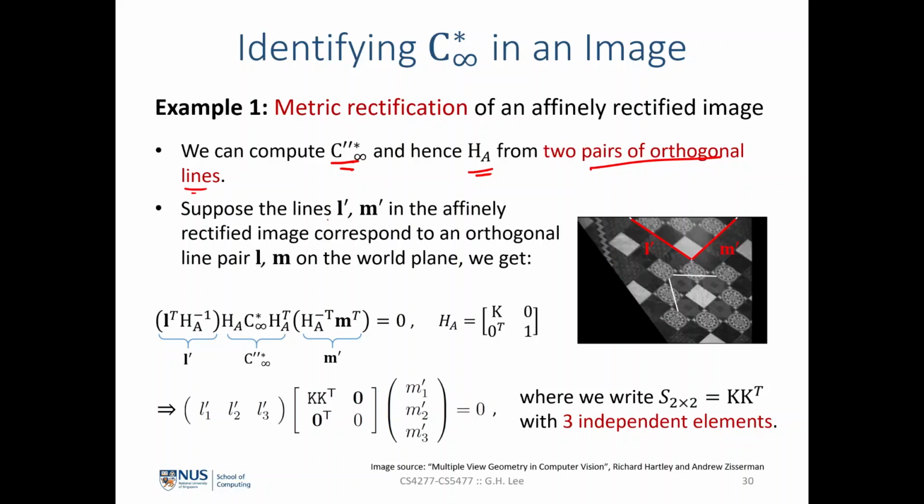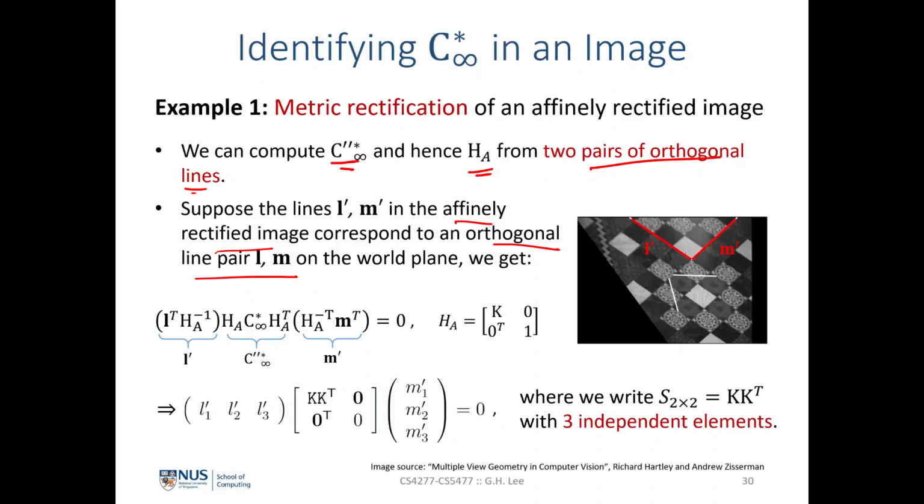Now suppose that I have the lines L prime and M prime in the affinely rectified image, and this is the image that we are looking at. We'll be able to identify this orthogonal line pair L and M on this image, since we know that this corresponds to the real world where they are supposed to be perpendicular to each other.